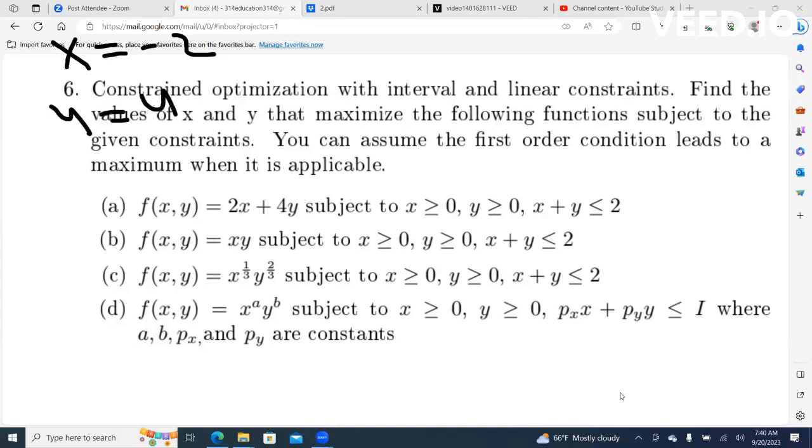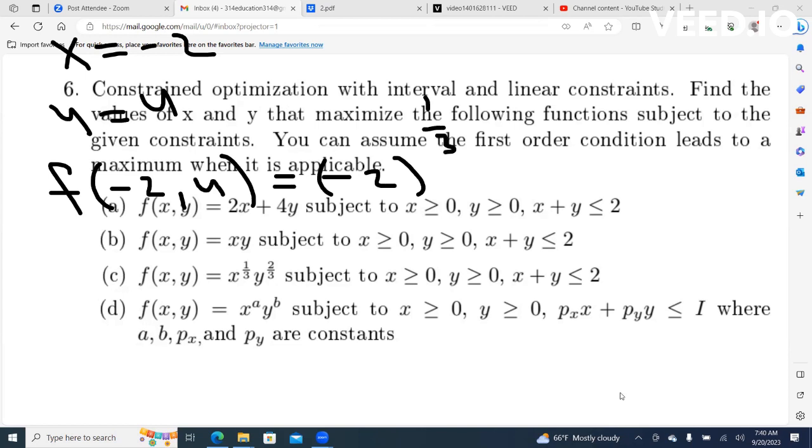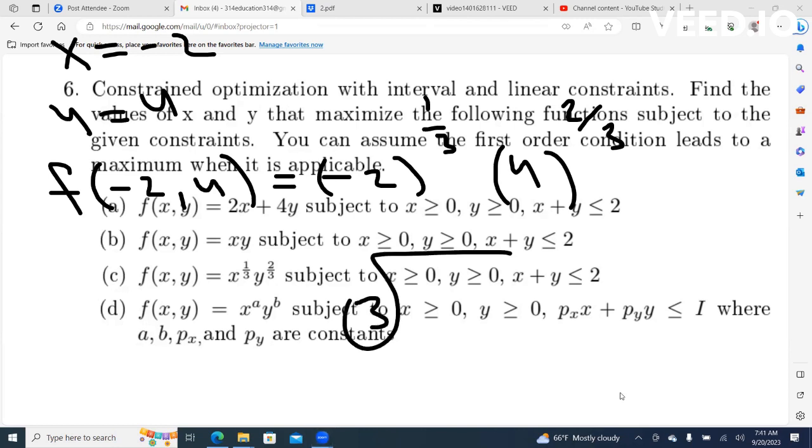So f of negative 2 comma 4 equals negative 2 to the 1/3, and then 4 to the 2/3, which is fine. Those are cube roots, which means negatives are allowed inside of them. I get negative 2 times 4 squared, the entire thing to the 1/3.